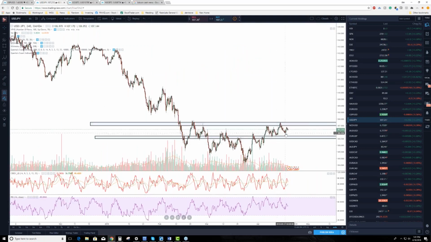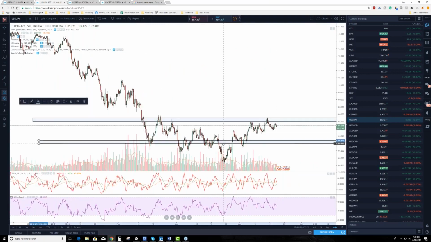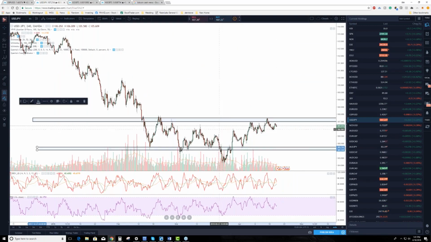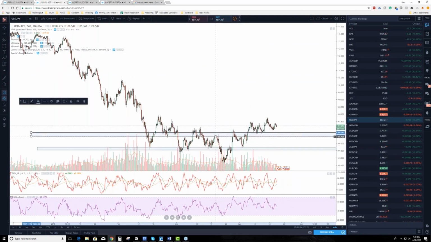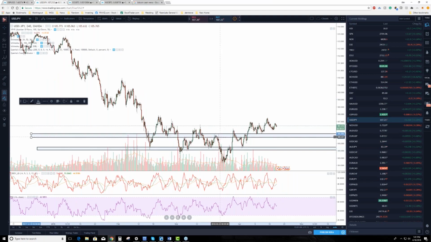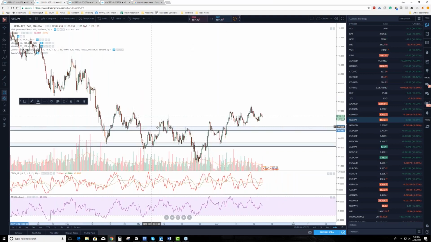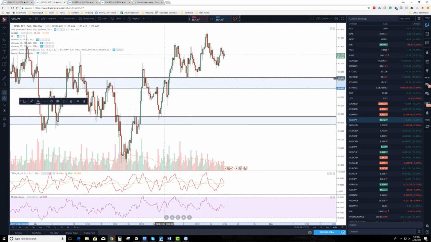And then really this just turns out into a type of breakout trade. So if this is the high zone of our range and this is the low zone of our range, then we would transition into breakout trading if price breaks beyond these areas, because that's probably what happened over here.